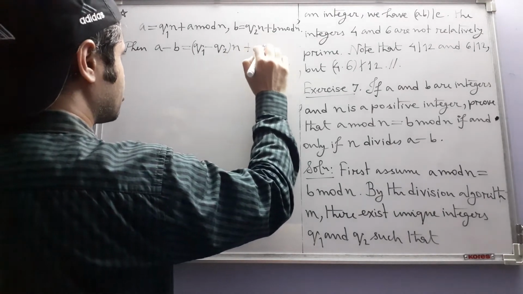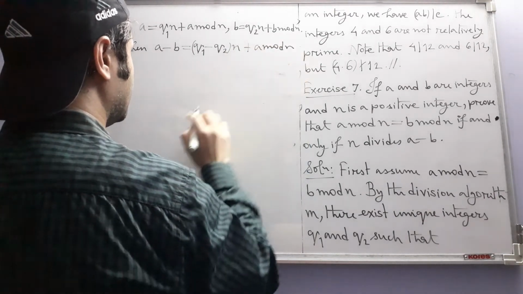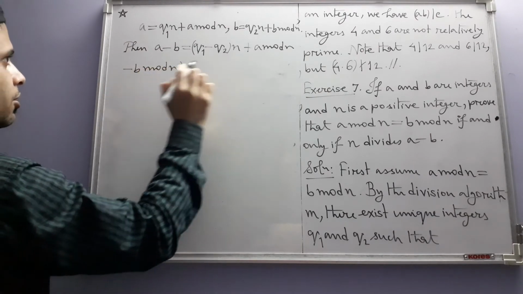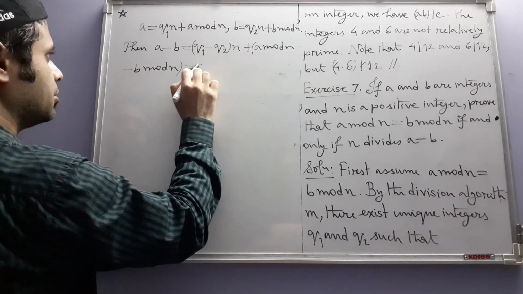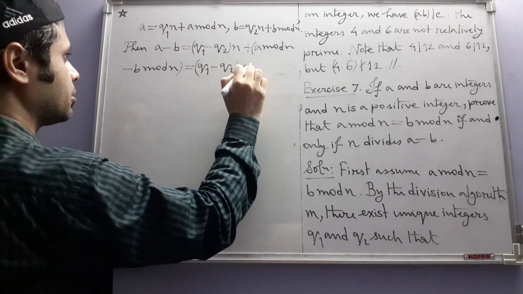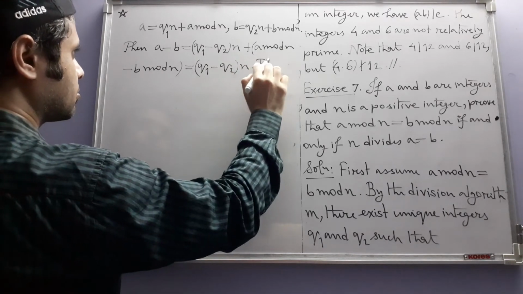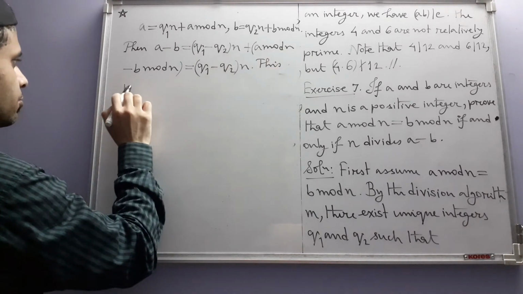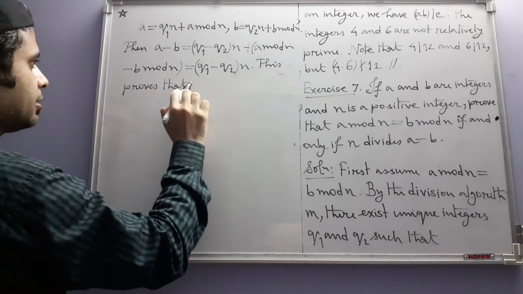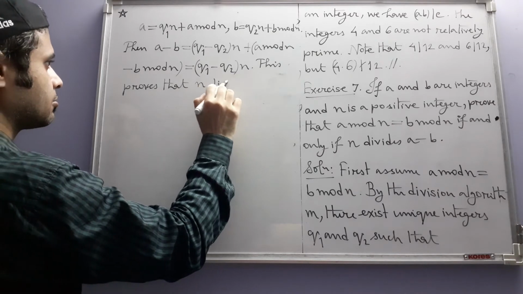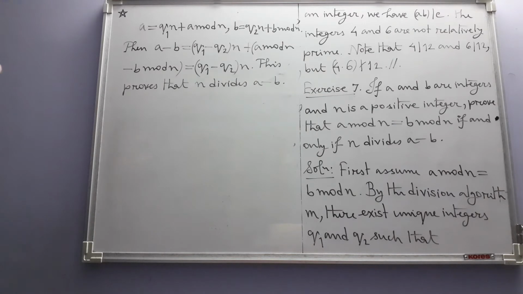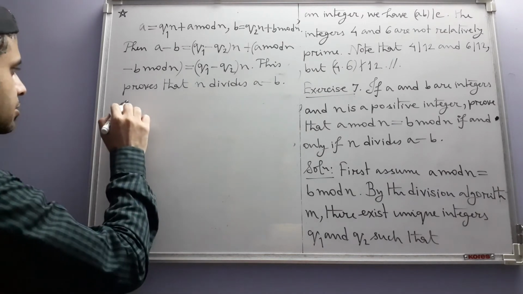In fact, let's just show that A mod n minus B mod n will be equal to (q1 minus q2) mod n. This proves that n divides A minus B. Now we have to prove the converse.